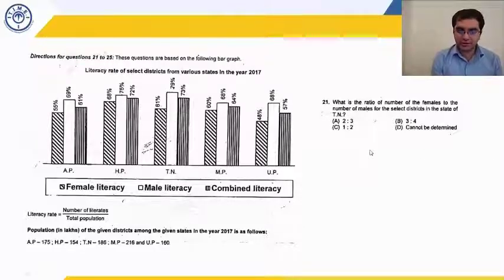So let's look at the first question. What is the ratio of the number of females to the number of males for the select districts in the state of Tamil Nadu? In Tamil Nadu, find out the ratio of number of females to number of males. Please take 30 seconds to solve this question.